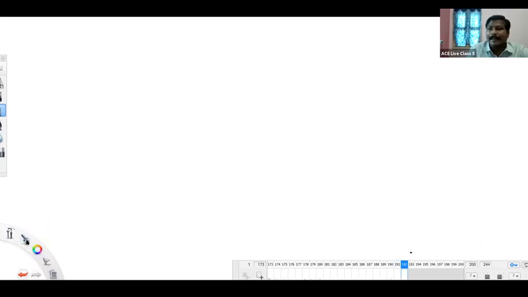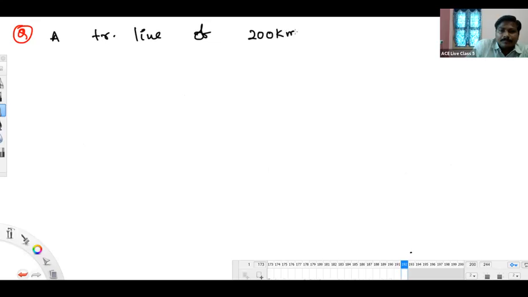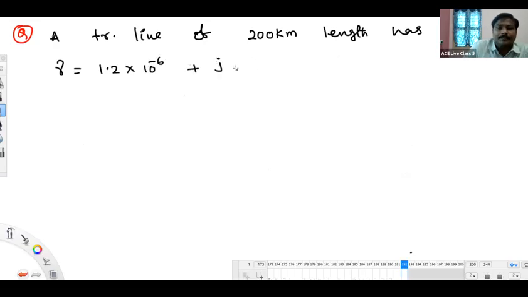See, I will take one very, very small problem. Just look here. A transmission line of 200 kilometers length has gamma, the propagation constant, 1.2 into 10 power minus 6 plus j 1.1 into 10 power minus 3 per kilometer.